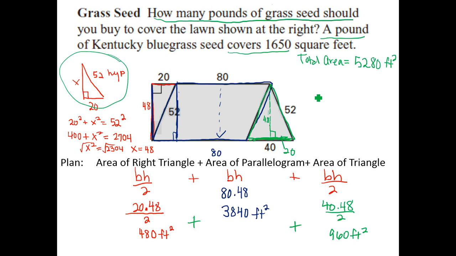So to find out how many pounds I buy, I would take 5,280 divided by 1,650, because every pound will cover 1,650 square feet, and that gives me 3.2 pounds. So I should buy approximately 3.2 pounds of seed.